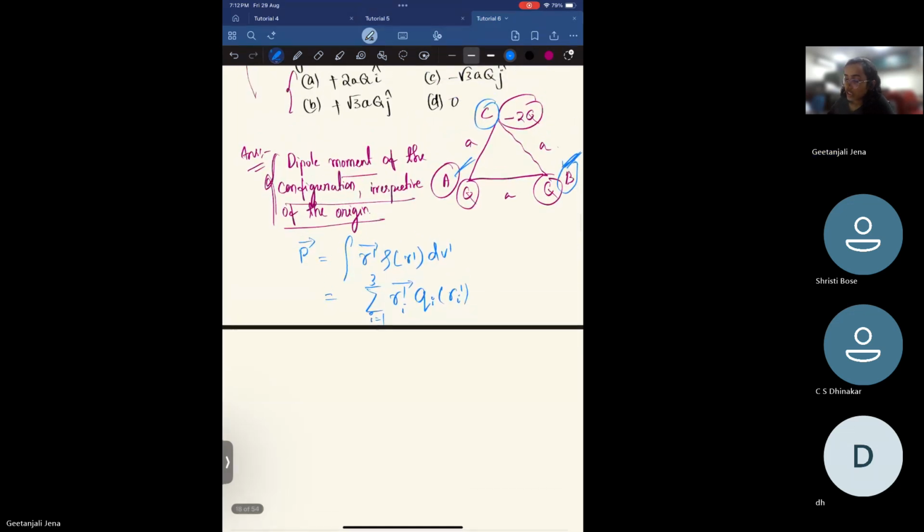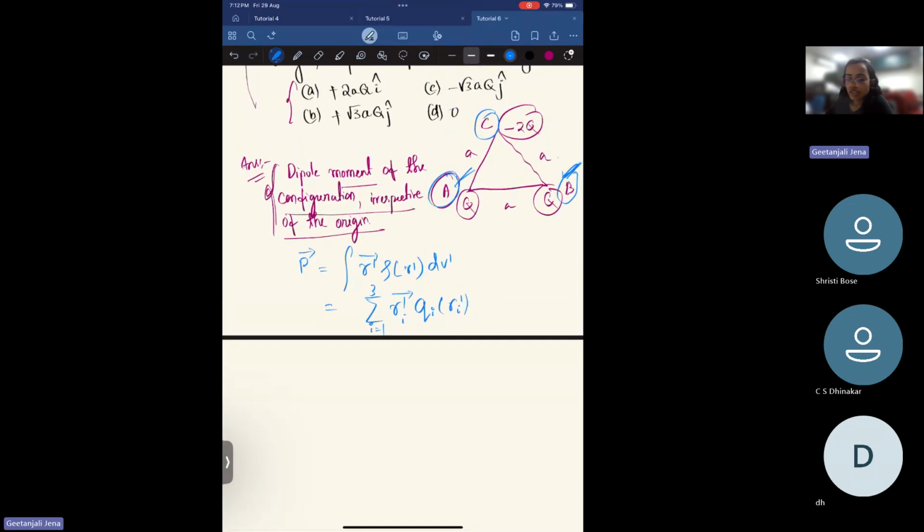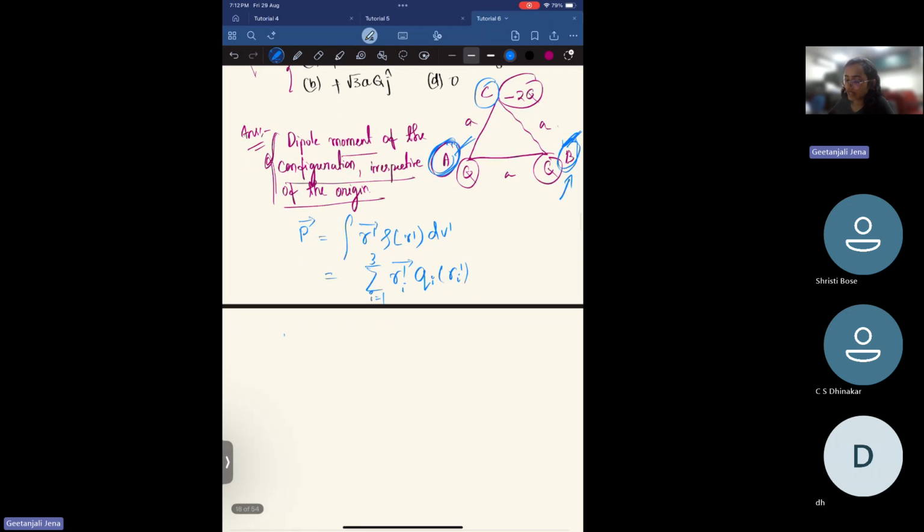You can take A as the origin point, 0, 0, and then name the coordinates according to A. Or you can take A as some random coordinate. Let's say A is x, y. We don't know the coordinate here.